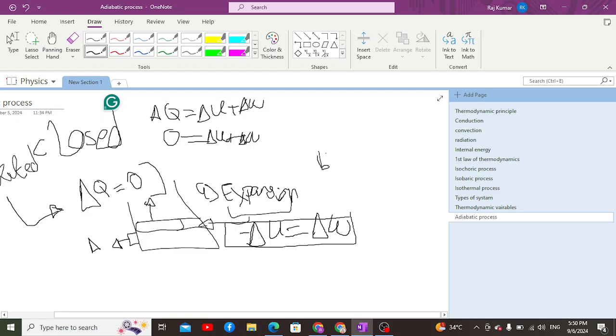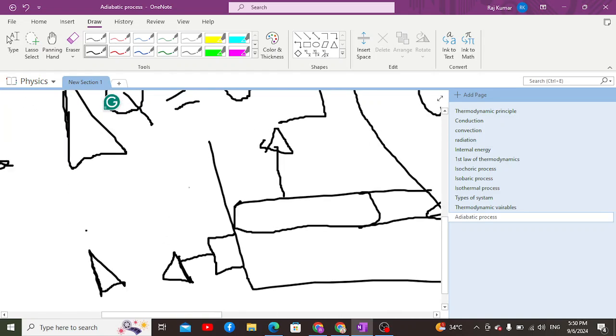Likewise, if we talk about adiabatic compression, what actually happens is that we have work done on the system rather than work done by the system.